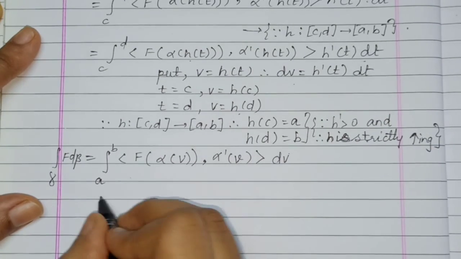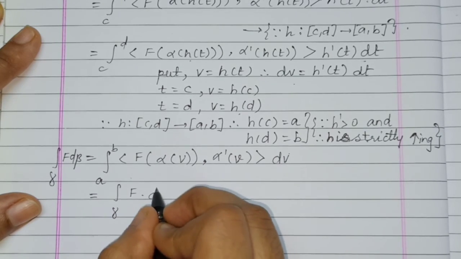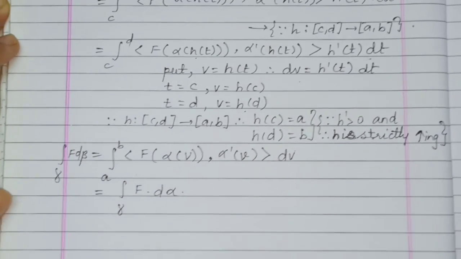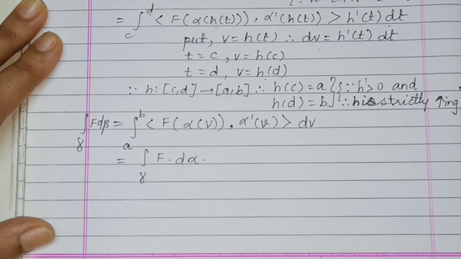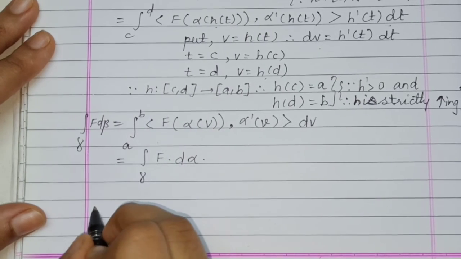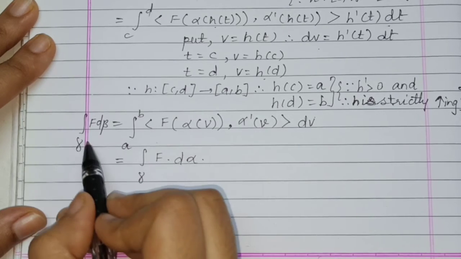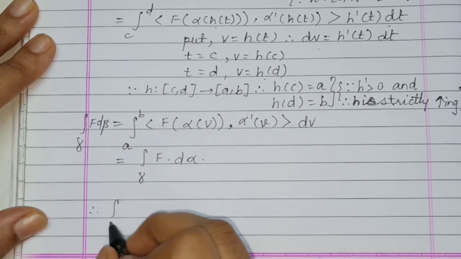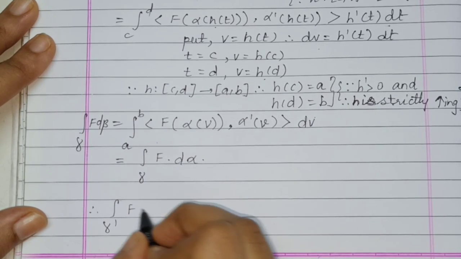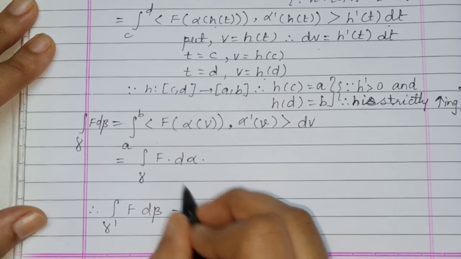What is this? This is the formula for line integral of vector field over gamma with respect to alpha. But here we are considering two different continuous paths. That is, with beta we will consider as gamma dash, and with alpha we will consider as gamma only.